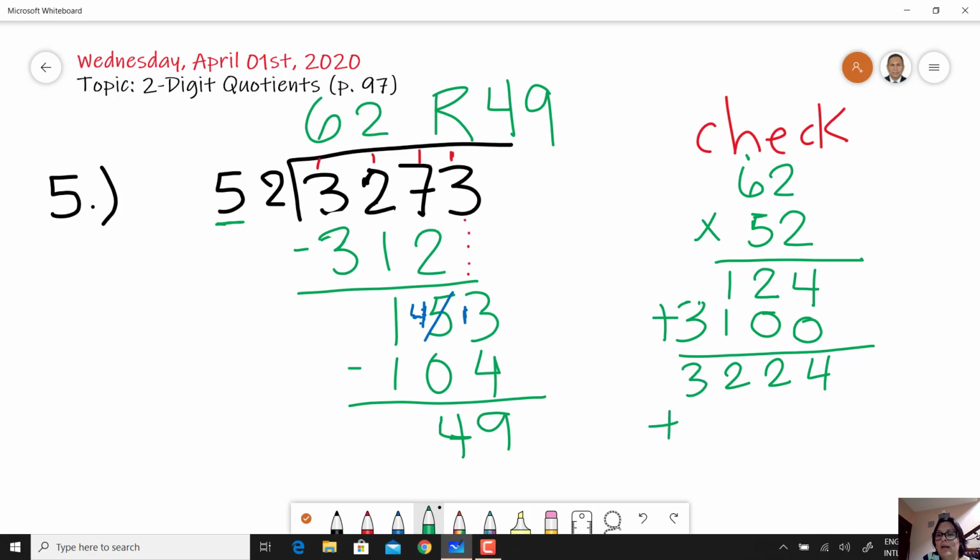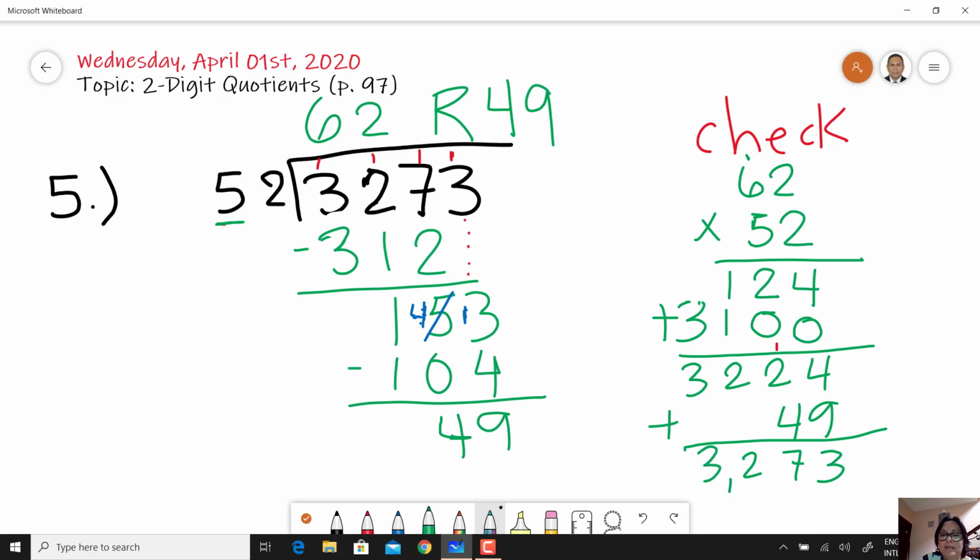And now we have to add 49, that is the remainder. 4 plus 9, 13, excellent, and we have 1 from here. 1 and 2, 3, and 4, 7, here 2, and here 3.